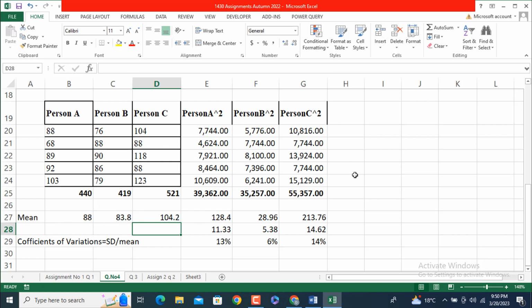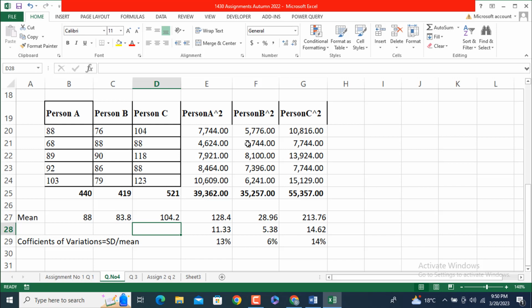Now we are going to measure the dispersion, or standard deviation, to reach the destination of finding the consistency of the 3 salespersons. So I am going to determine the standard deviation from the variance, which is equal to summation x square divided by n minus summation x over n whole square.